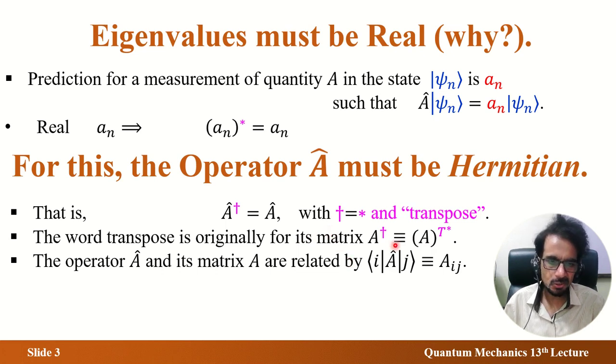Discrete representation is a matrix. And if you ask what is the relation of an operator with a matrix, the answer is the following. The matrix has elements. I is the row index and J is the column index.